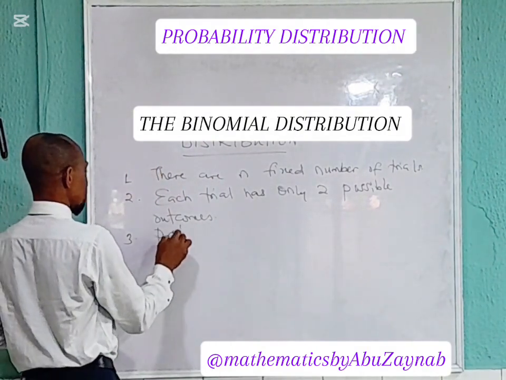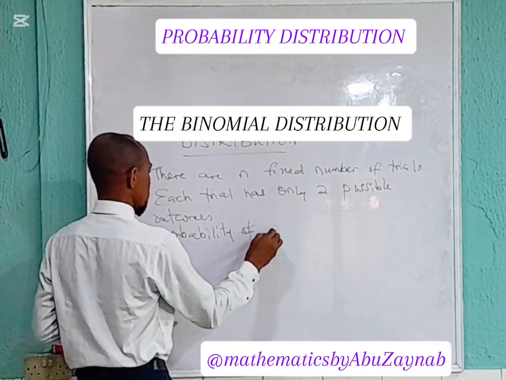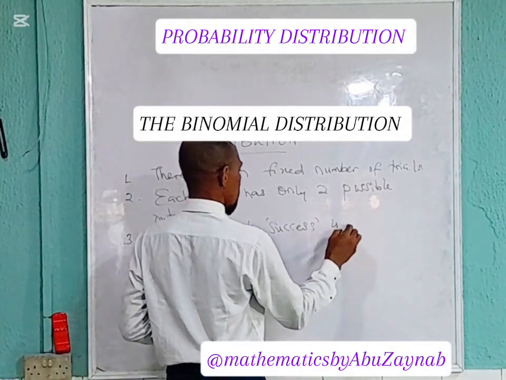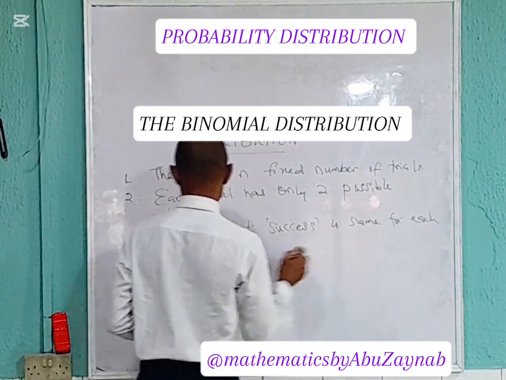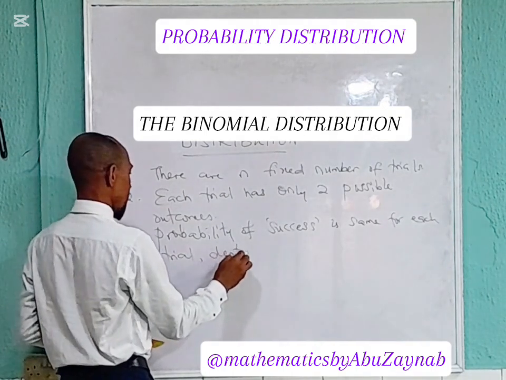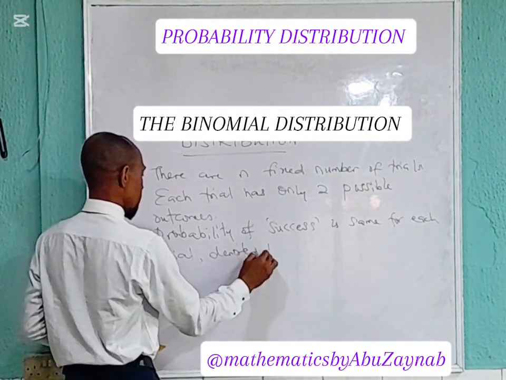The probability of success is the same for each trial, and it's denoted by p.